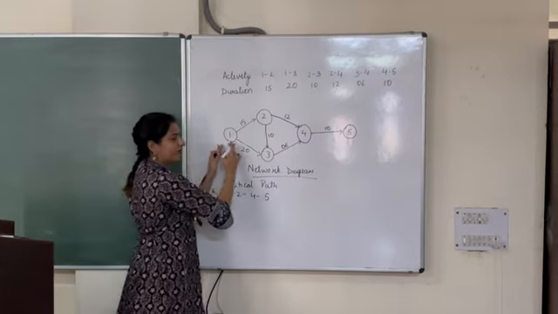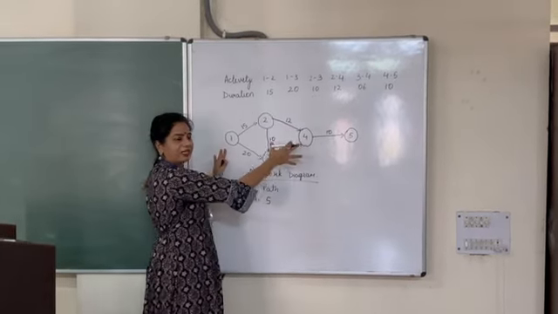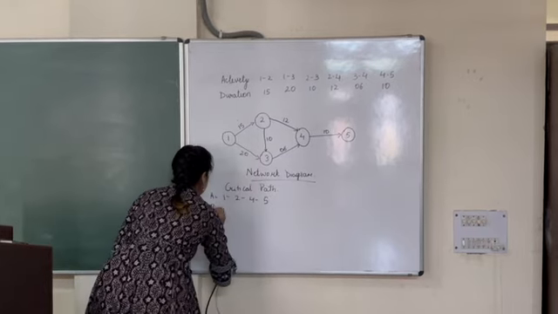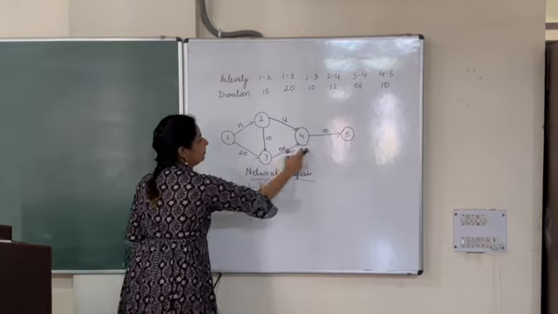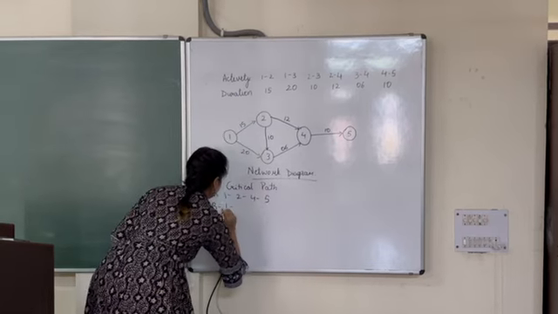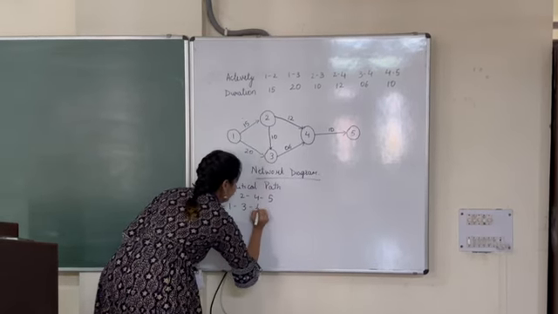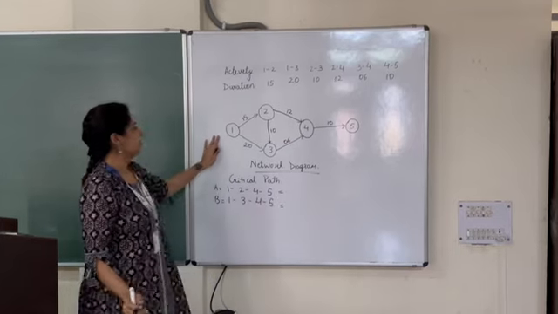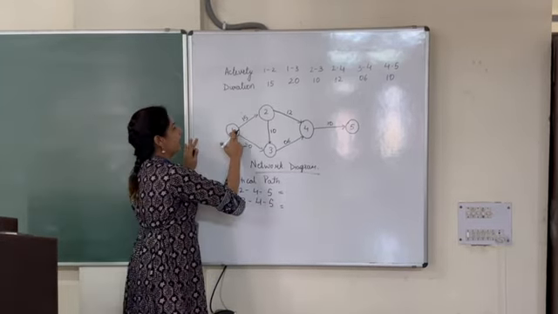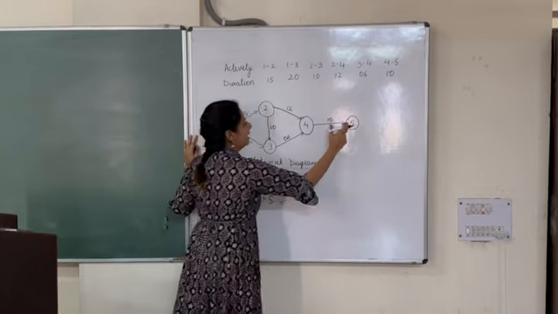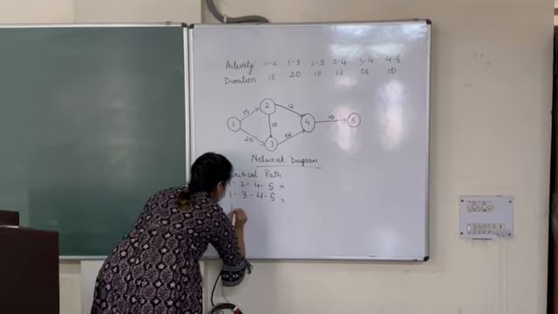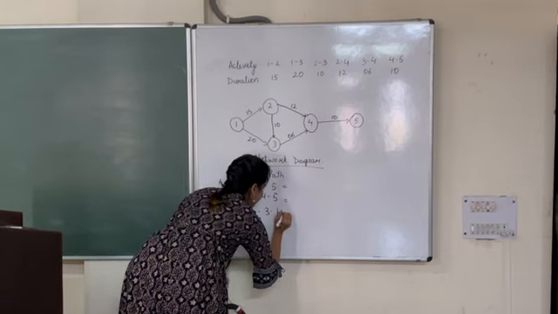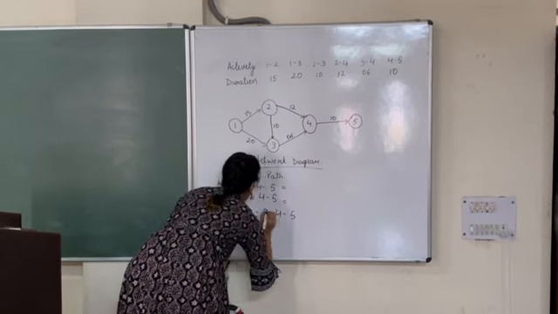From the start of the event till the end, whatever activities are carried out, we write in the path. The second is 1, 3, 4, 5. The third path is 1, 2, 3, 4, 5.